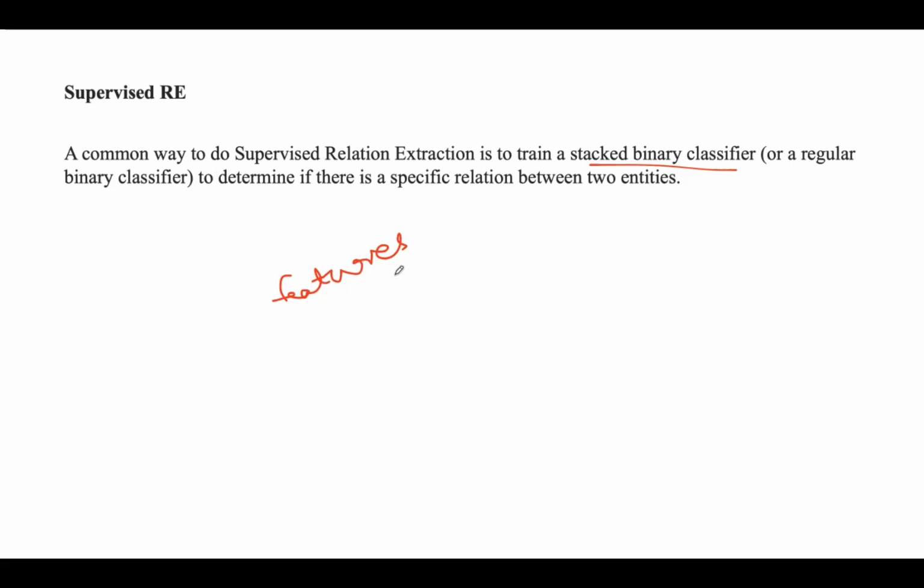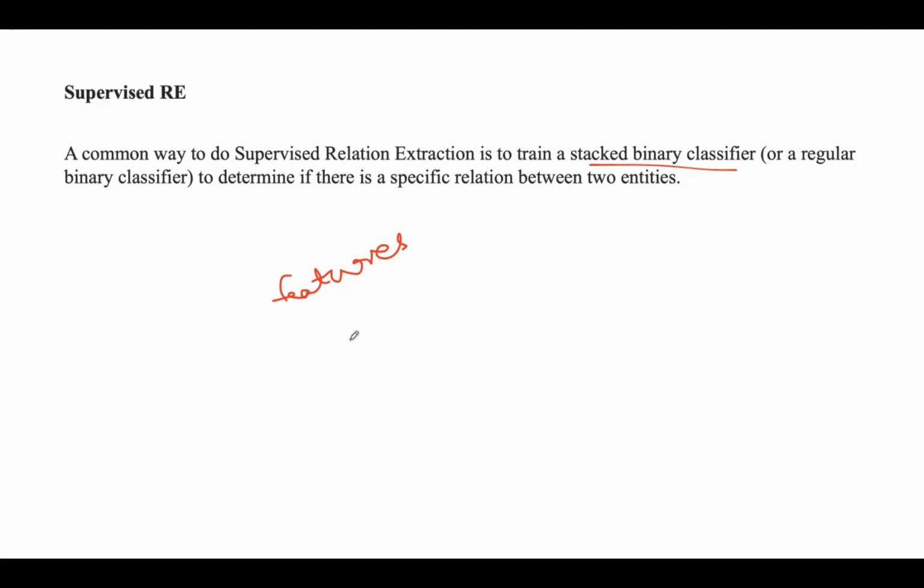What can be the features here? The features can be either context words, POS tags, dependency path between entities, NER tags, tokens, or proximity distance between words. It can be anything.